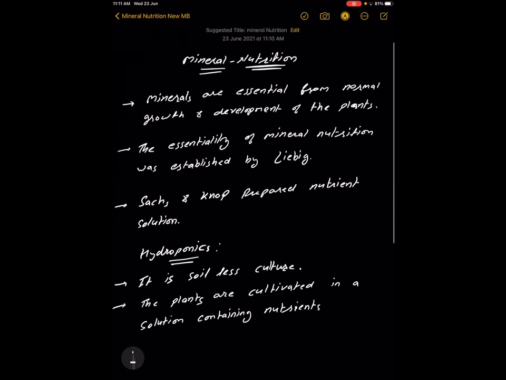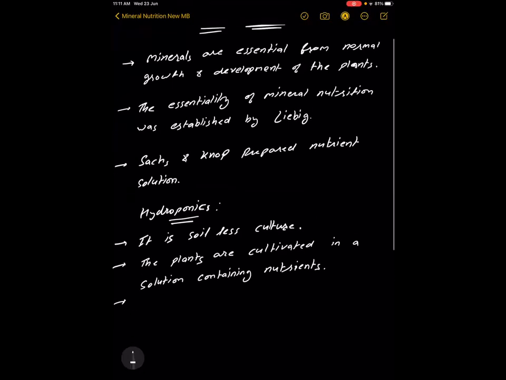So plants are cultivated in a solution containing nutrients. This technique was also discovered by Sachs. So Sachs prepared the nutrient solution and Sachs discovered this technique.